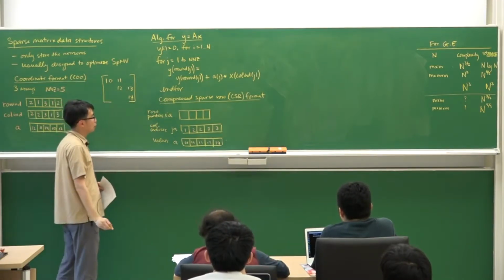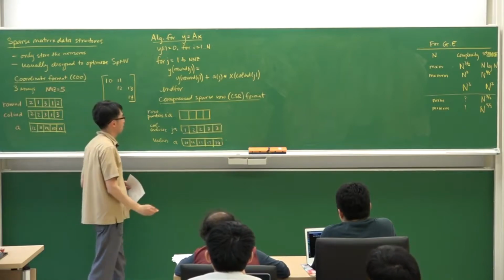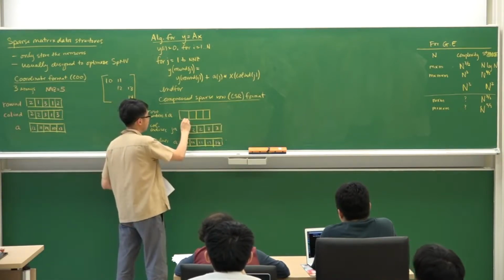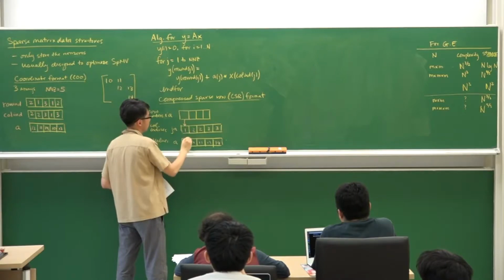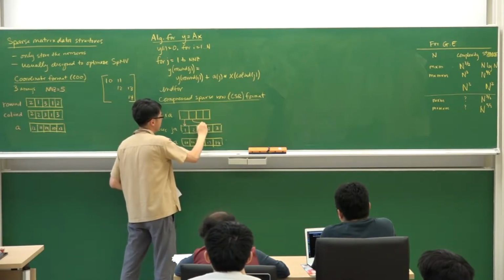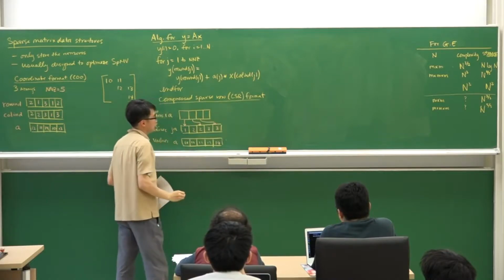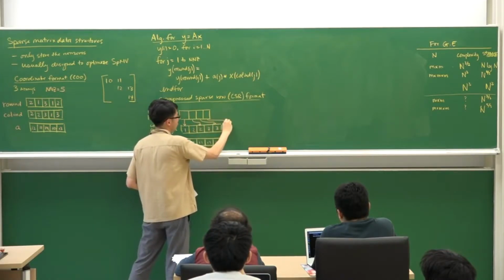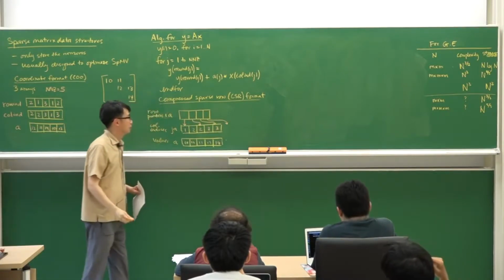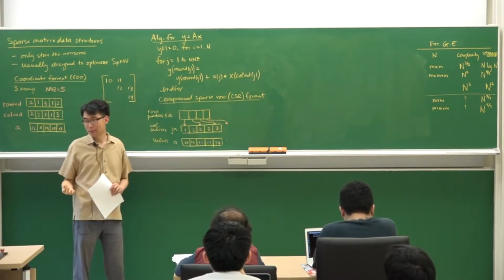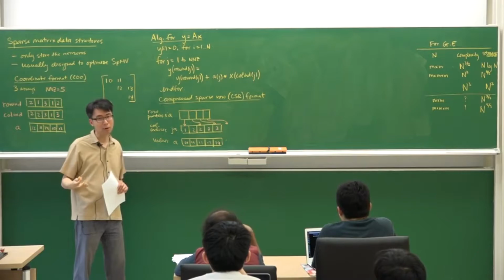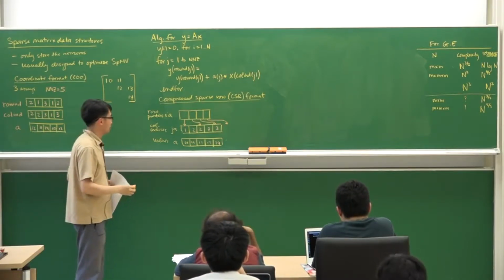And then we have a pointer to the beginning of each row. So the first row begins over here. Second row begins over here. Third row begins over here. The fourth row, if there were a fourth row, begins over here. And we need to know where the fourth row begins because that also tells us where the last row ends. Okay?